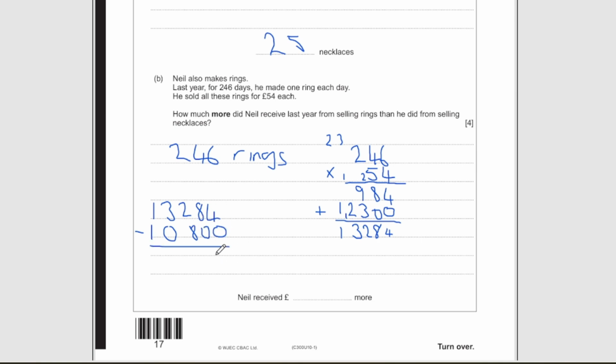So 4 take away 0 is 4. 8 take away 0 is 8. We can't do 2 take away 8, so we have to borrow from the 3. 12 take away 8 is 4. 2 take away 0 is 2. And then 1 take away 1 is 0. So £2,484 more he received.